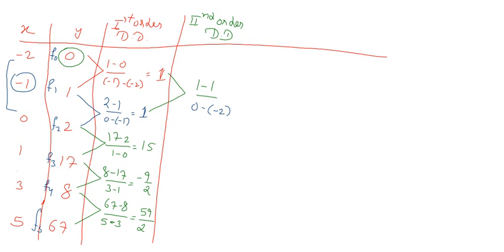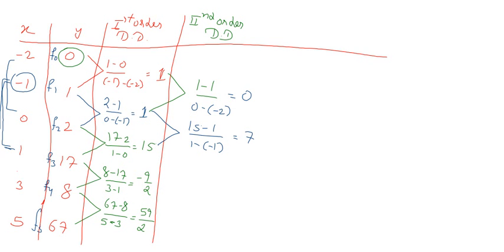The difference is 0 minus minus 2, so that is equals to 0. Now for the next case, you have 15 minus 1 divided by the following interval. So you have 1 minus minus 1, that is equals to 14 by 2, that is 7.